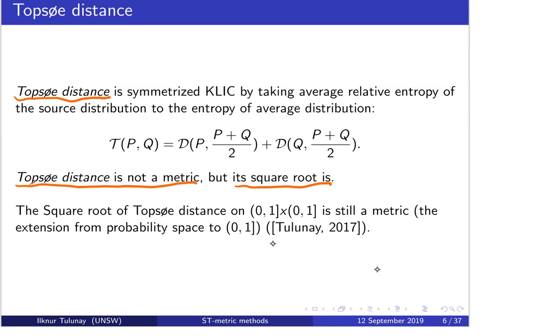My contribution in that context in 2017: the square root of the Topsoe distance is also a real metric if we take the values from 0 to 1 but do not require that the sum is equal to 1. It's not a probability space anymore.